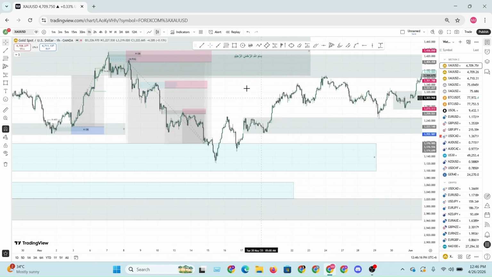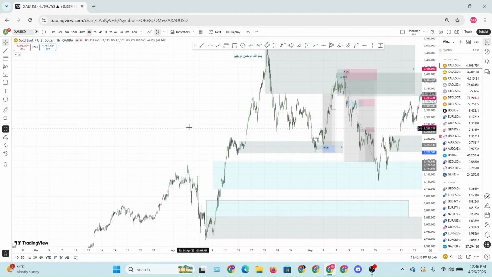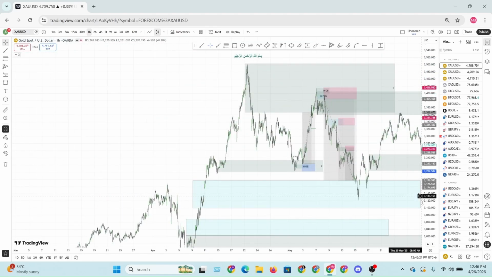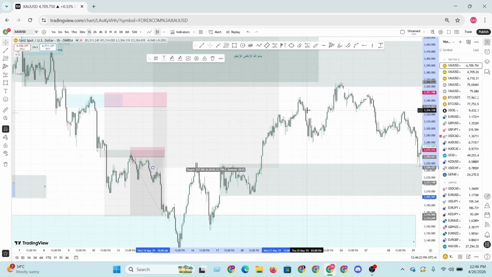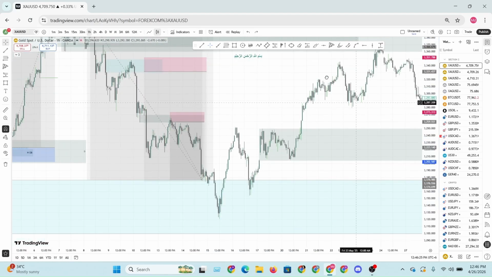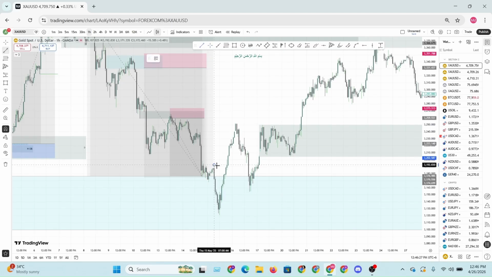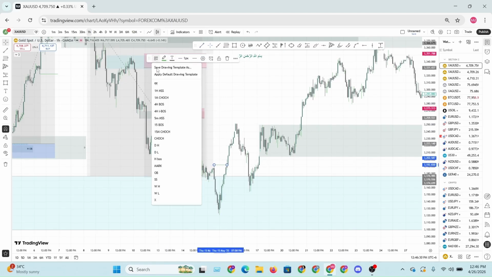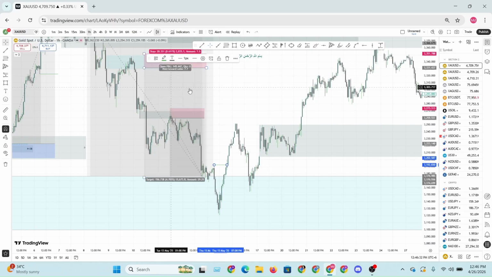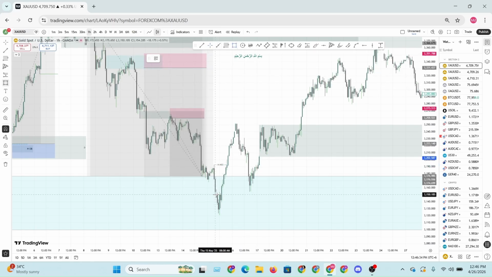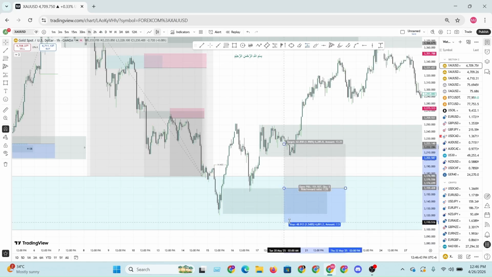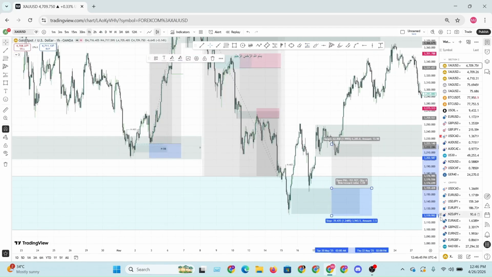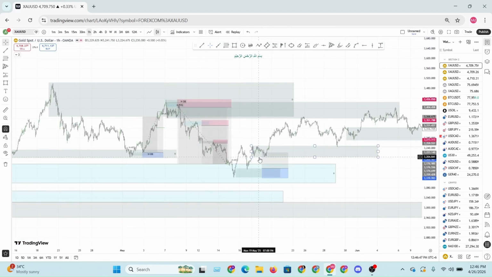So I can see this is the daily POI and what happened. The market structure shift in 1 hour, took the entry from POI and wait for another order block.